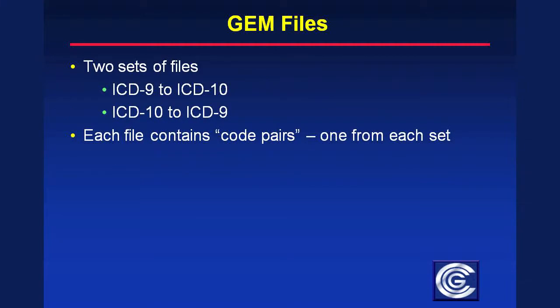These public files are free and available online at the CMS website. There are 2 files in text format, ICD-9 to ICD-10 and ICD-10 to ICD-9. Each file contains code pairs, where possible, 1 from each set.